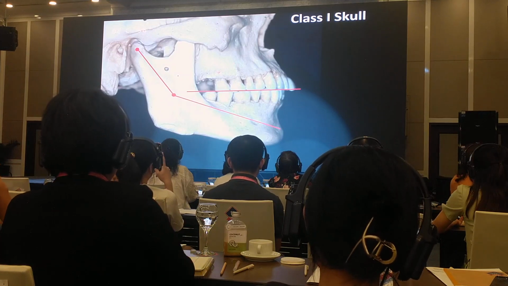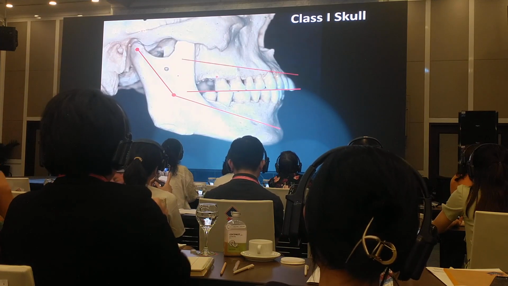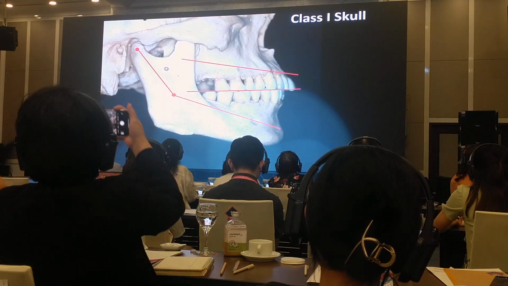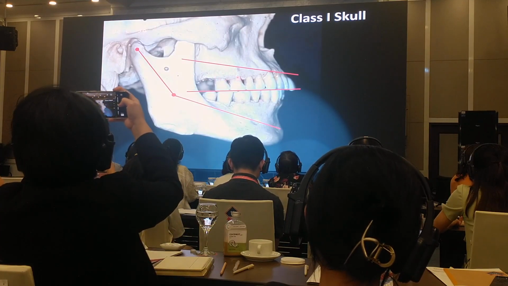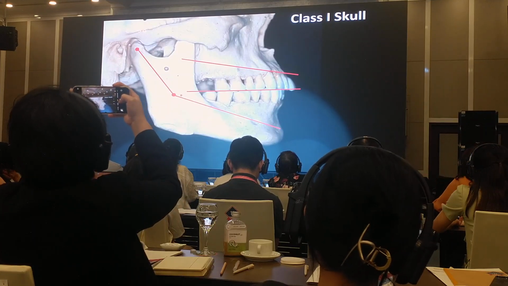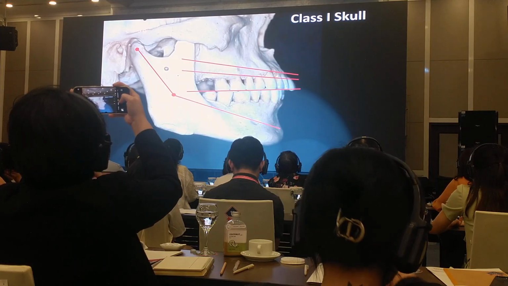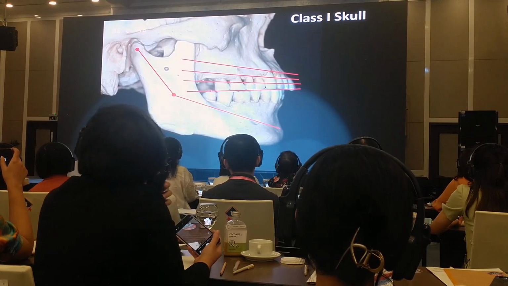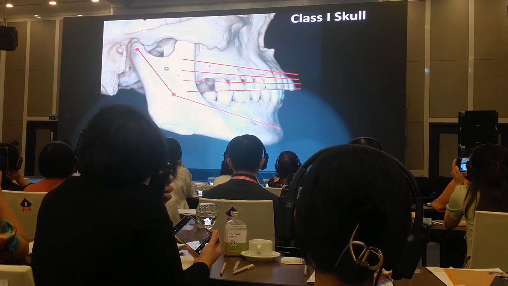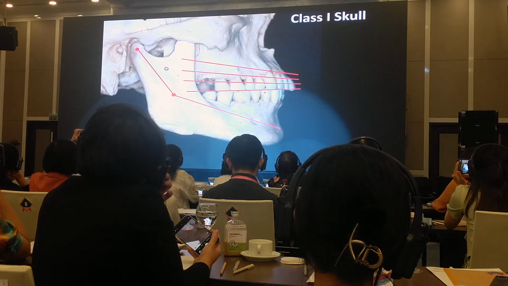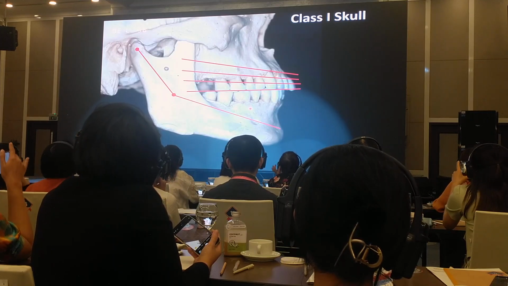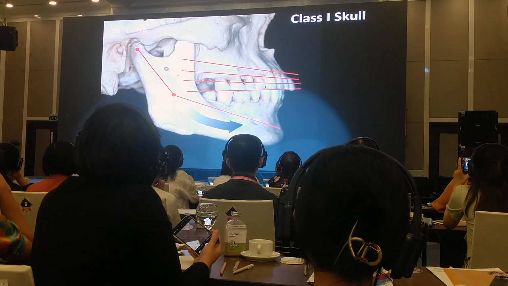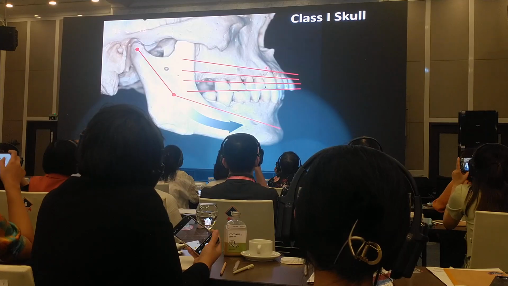Then if you bite strongly, but during growth and development, we started with a very steep occlusal plane, right? Slowly this occlusal plane changed. I saw already, then slowly the occlusal plane flattens, the mandible rotates forward, then becoming a class 1 upper and lower jaw relation.